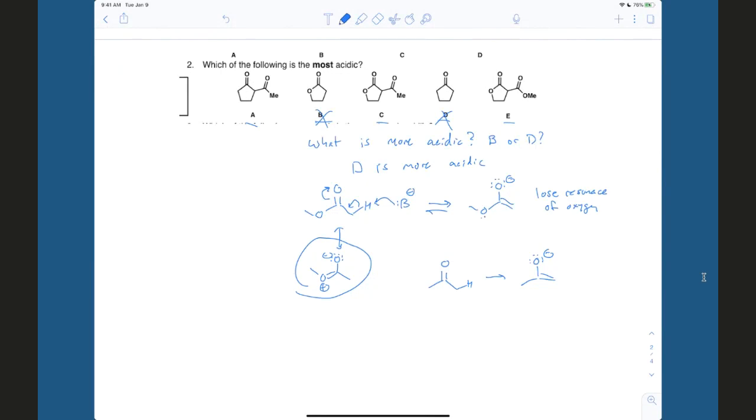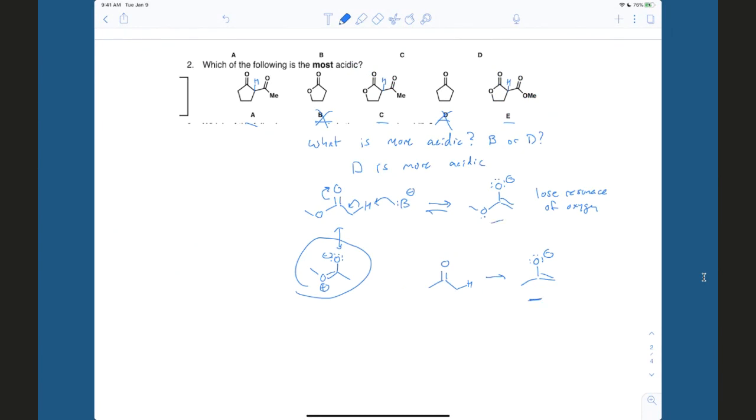So if you have a hydrogen surrounded by two ketones, it would be more acidic than one next to two esters, or one that's an ester and a ketone. Another way of looking at it is the reactivity of an ester enolate versus a normal enolate.